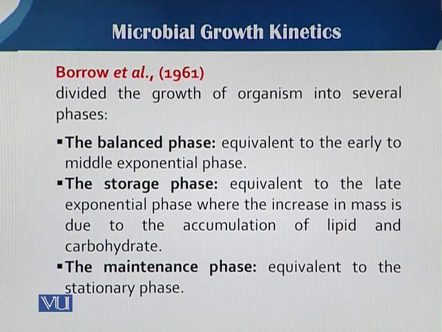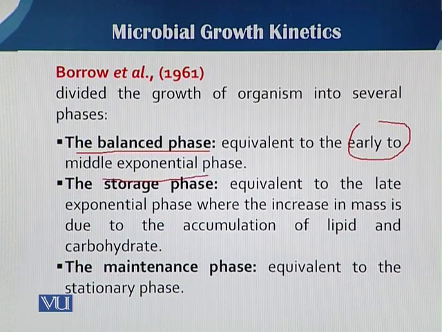As you can see in this slide, Barrow et al. discussed first of all the balanced phase, which is equivalent to the early and the middle exponential phase of the first 4, which I have already told you: lag, log, stationary, and decline phase.